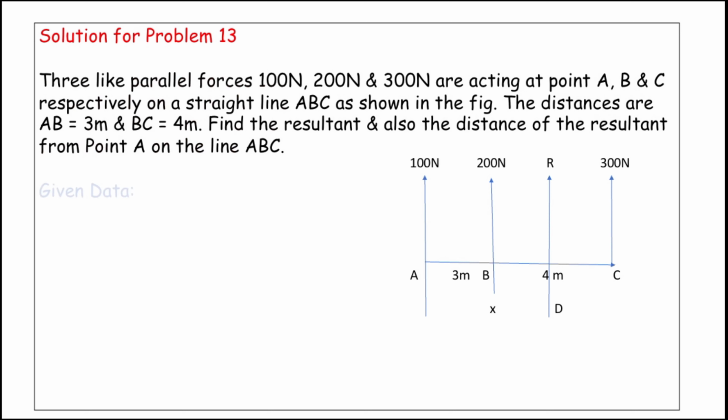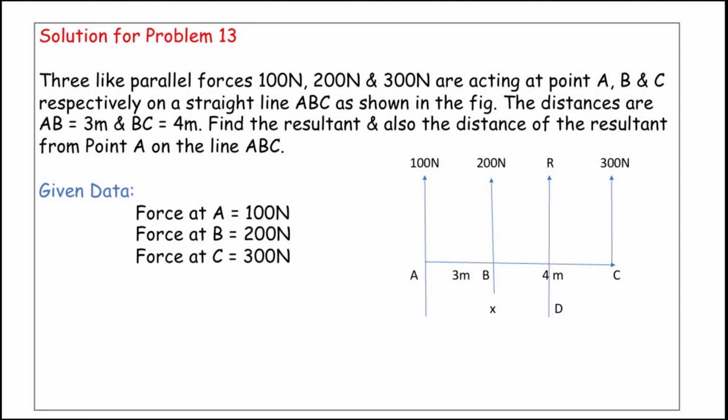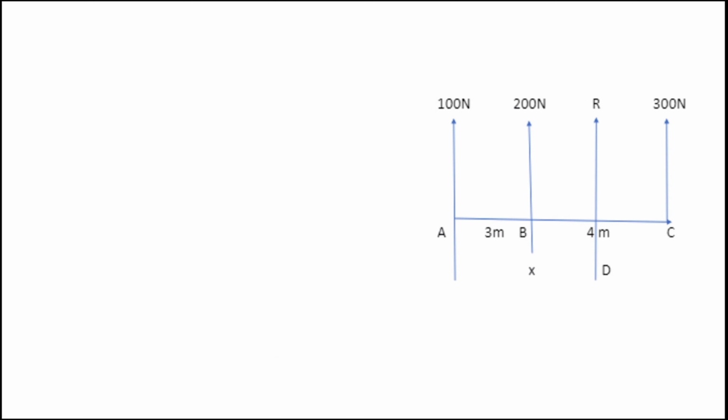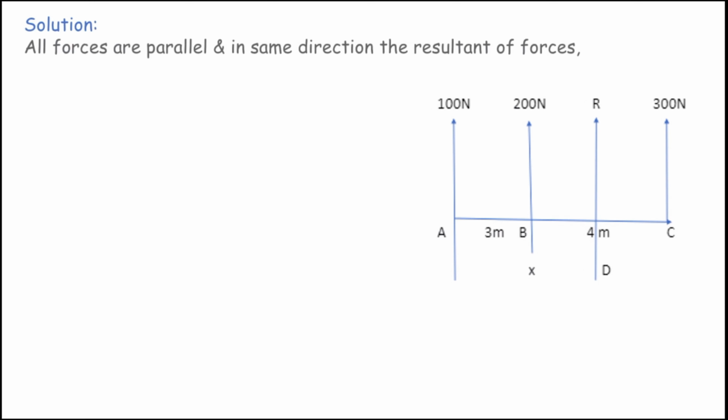So see the given data. The force at A is 100 Newton, force at B is 200 Newton, force at C is 300 Newton. Distance AB equal to 3 meter and distance BC is 4 meter, and we have to find the resultant R and the distance of the resultant from A. For the solution, for like parallel forces, we have to sum all the forces, so we get the resultant.